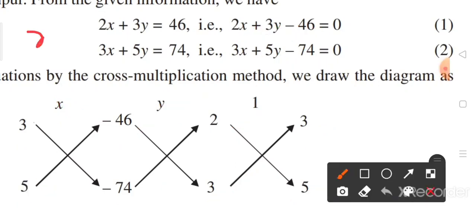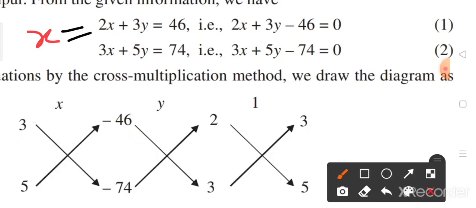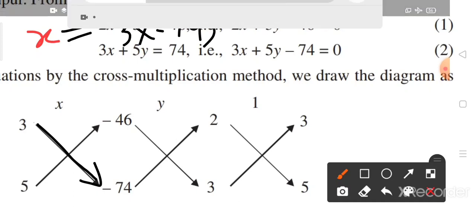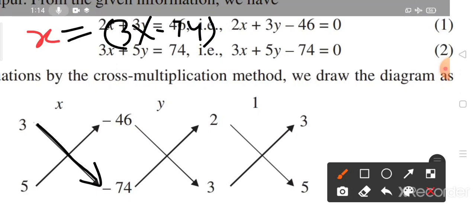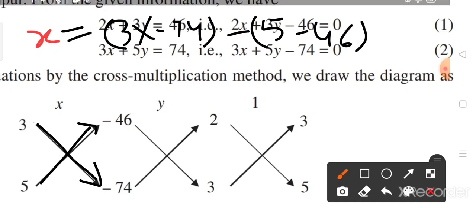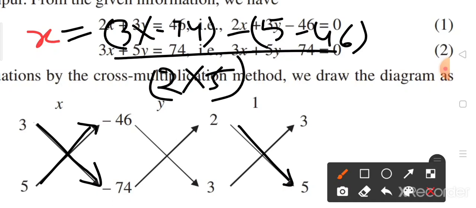To find x, we write 3 into minus 74 minus 5 into minus 46, divided by 2 into 5 minus 3 into 3.